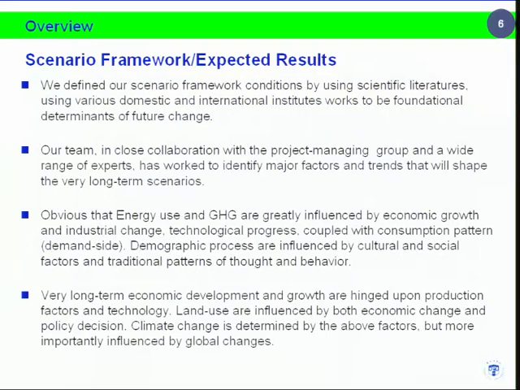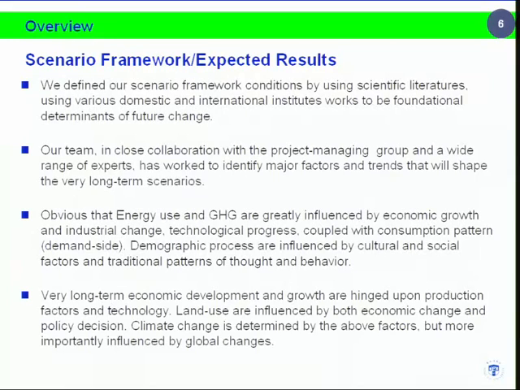I mean, the framework for the scenario and some expected results, some part is pretty much obvious, but some part is quite a surprising result in this work.